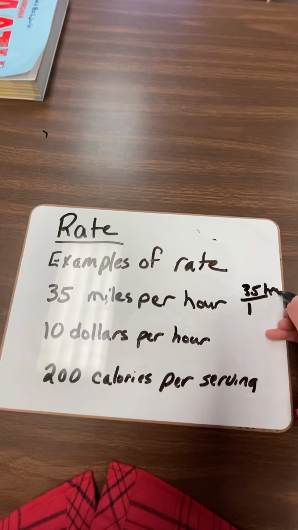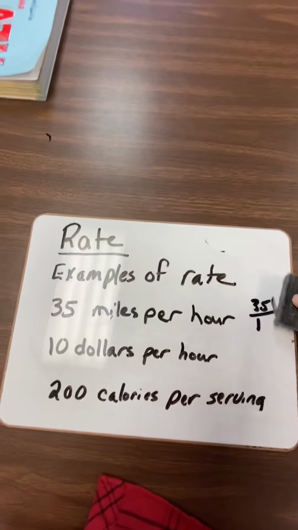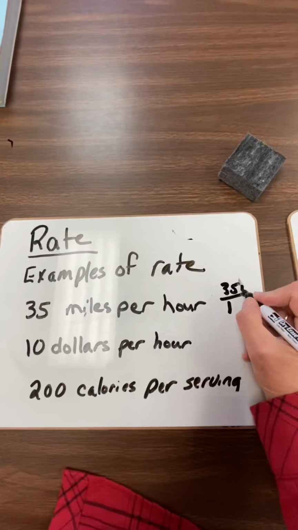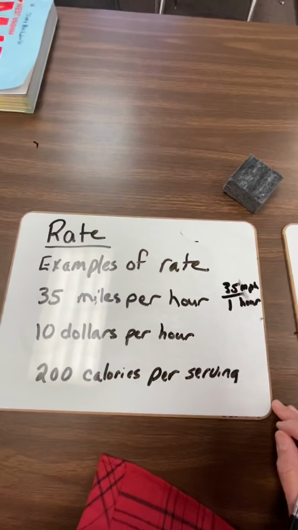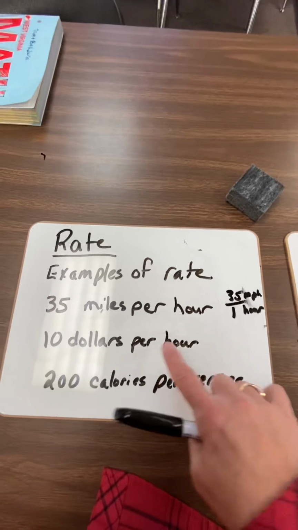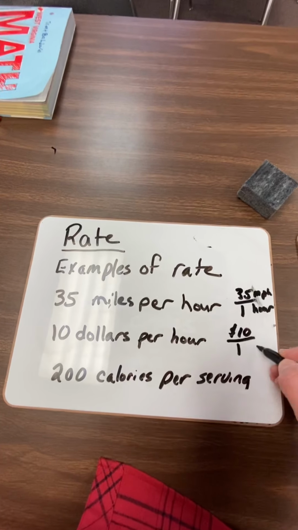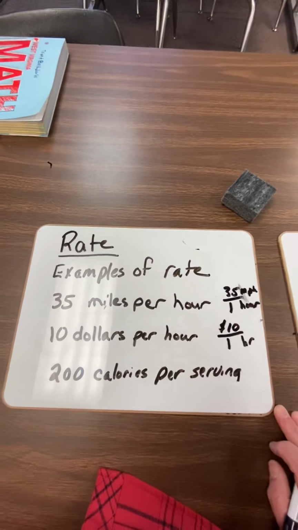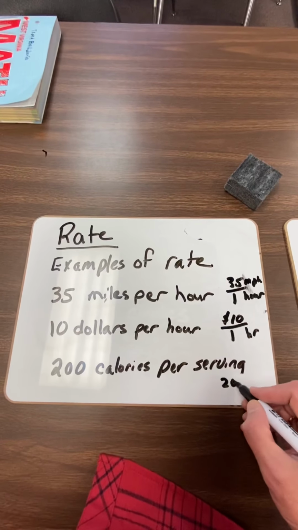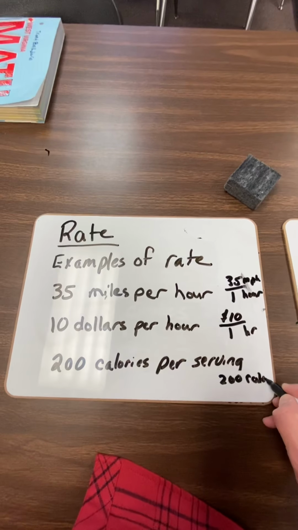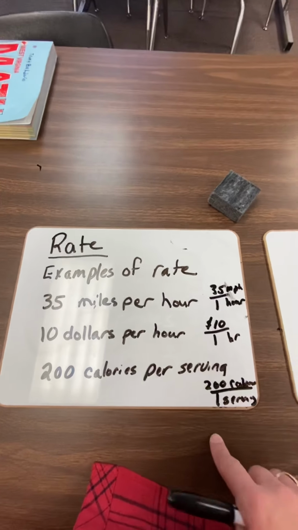So 35 miles per hour in 1 hour. Okay. $10 per hour. So $10 in 1 hour. 200 calories per serving. So 200 calories per 1 serving would be the unit rate.